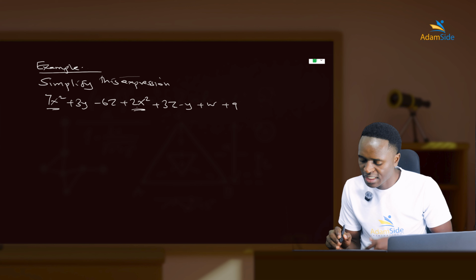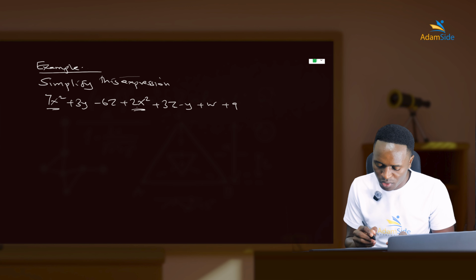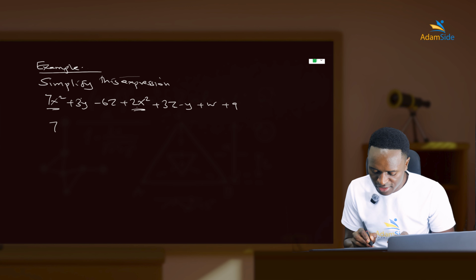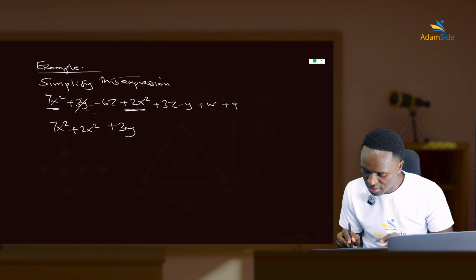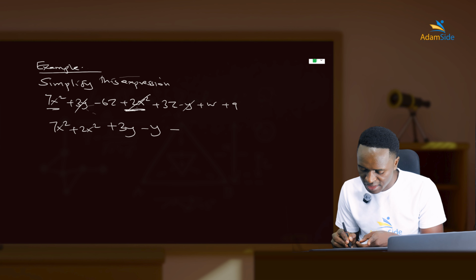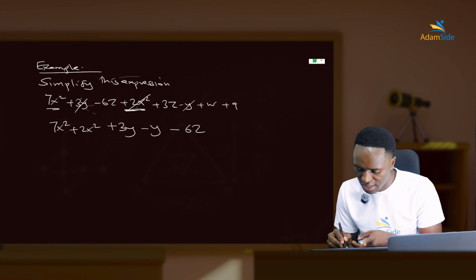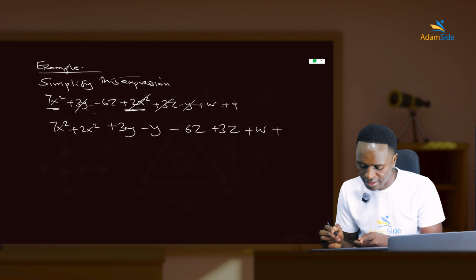y and negative y are also the same. So what do we do in that case? We say 7x squared plus 2x squared with a sign before, and then we say plus 3y minus y, correct? Then minus 6z plus 3z plus w plus 9, correct?